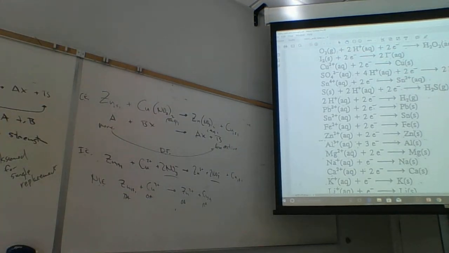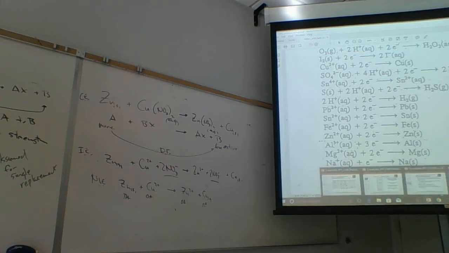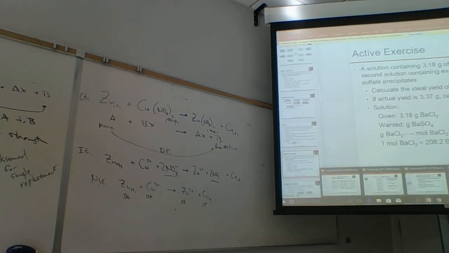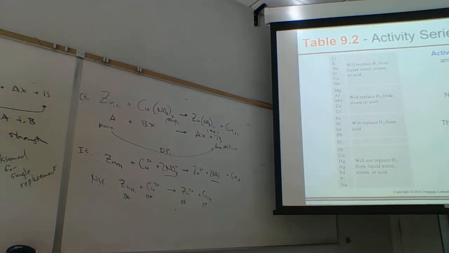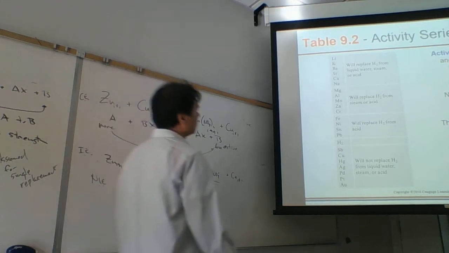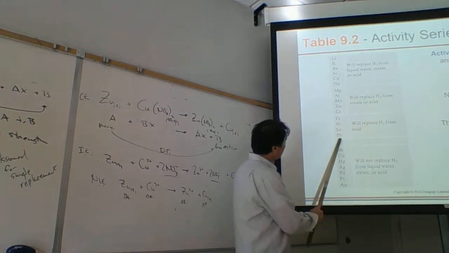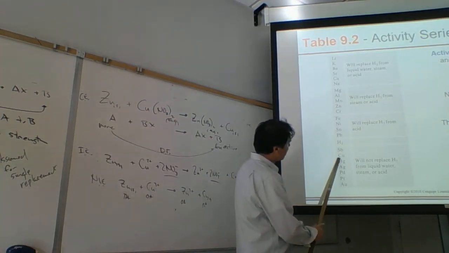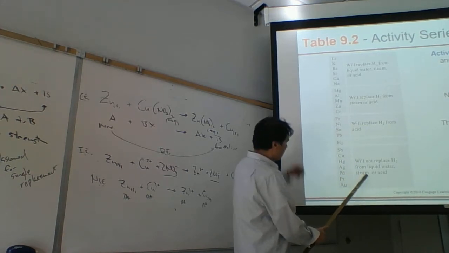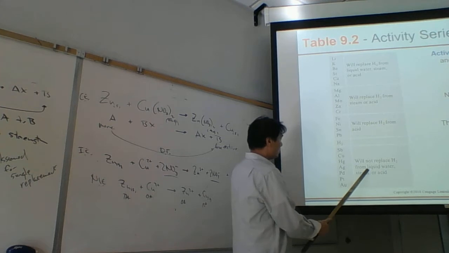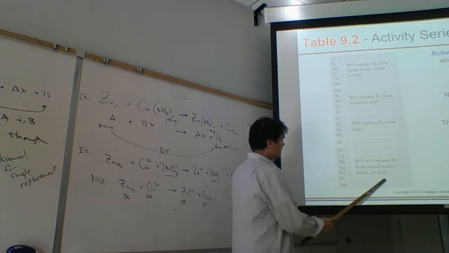So let's take a look. Acid will oxidize lead, but it won't oxidize copper. Copper, we need something else. And so this will not react with liquid water, steam, or acid.